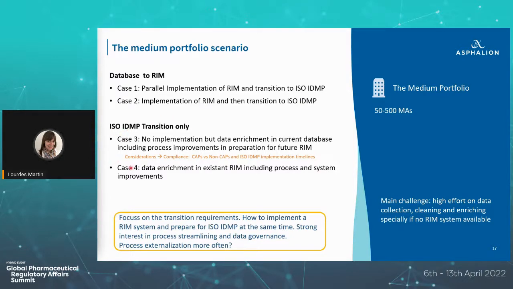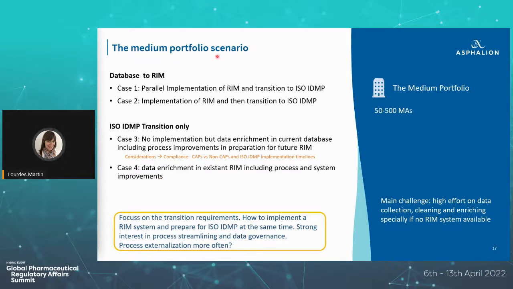But then we also have two other cases. No implementation, but data enrichment in the current database, as we saw before, in preparation for a future RIM. Or data enrichment in an already existing RIM, including the adaptation of the processes and the system improvements in order to be compliant with ISO IDMP.